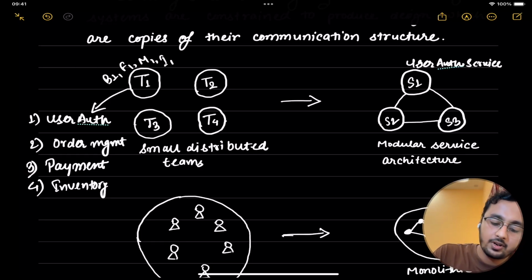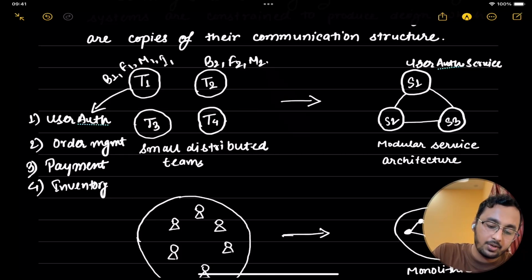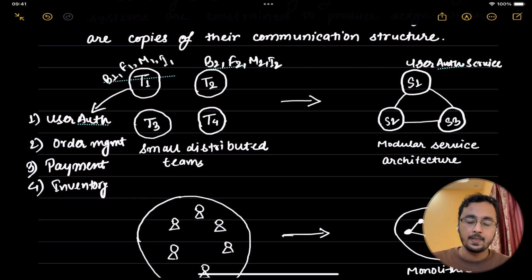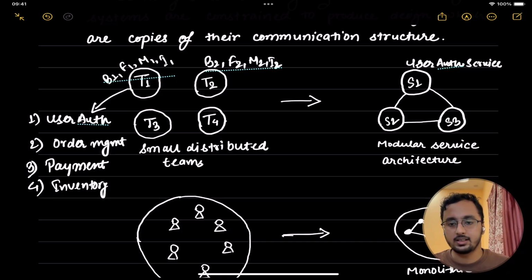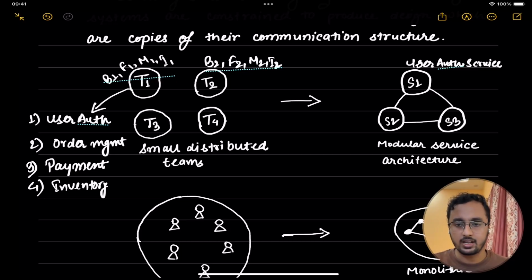And similarly T2 will have B2, the backend person, F2, M2, and I2. Once again, it's not really necessary that every team will have, for example, mobile engineers. Some teams may or may not need it. Some teams may have infrastructure, the person dealing with infra, and some teams might not, and some might even share resources.